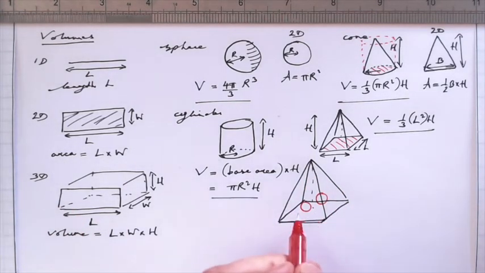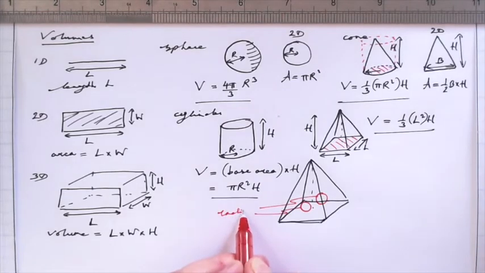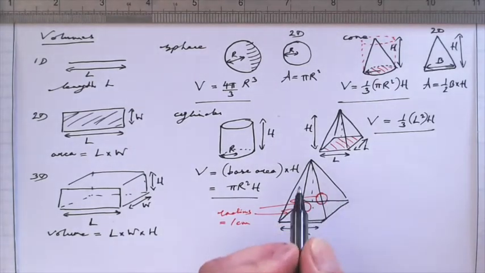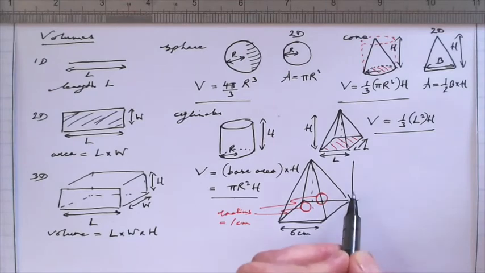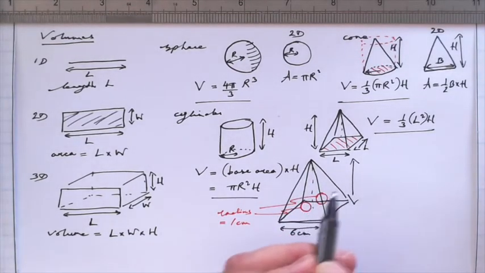And each sphere has a radius equal to 1 centimeter. So they're not terribly big. And this is like a mantelpiece ornament. Let's say the square base has a side of 6 centimeters, and let's say it has a height of, I don't know, let's say 10 centimeters.